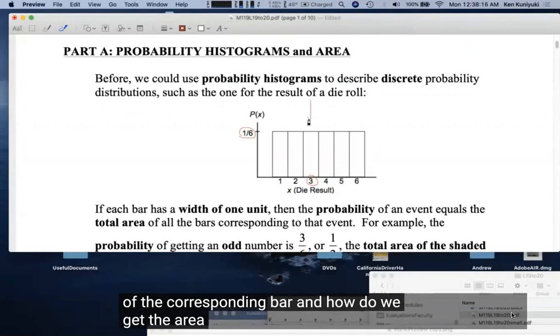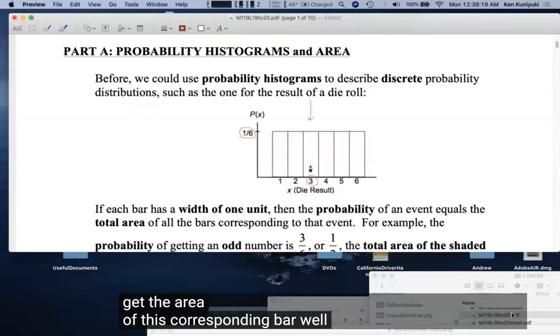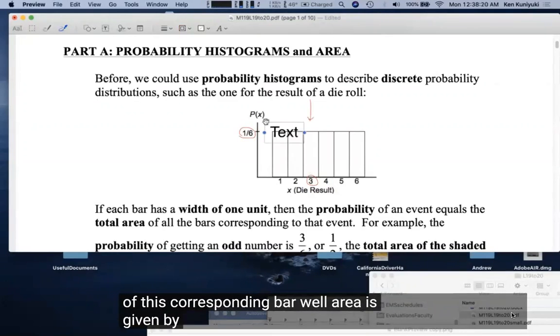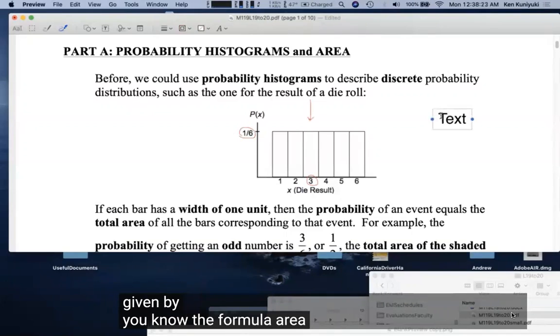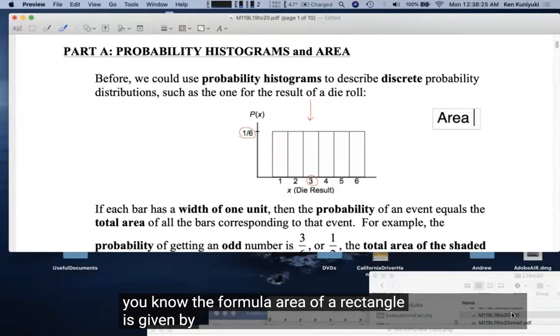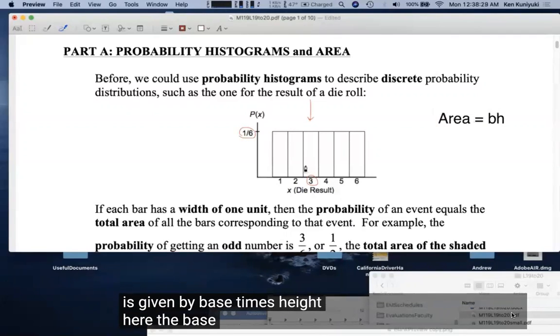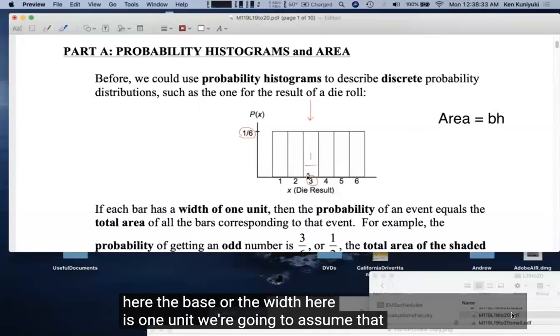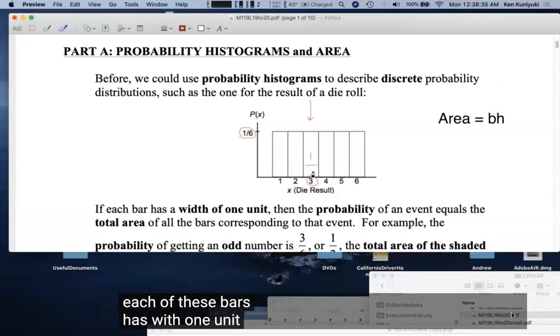And how do we get the area of this corresponding bar? Well, you know the formula, area of a rectangle is given by base times height. Here, the base, or the width, is 1 unit. We're going to assume that each of these bars has width 1 unit.